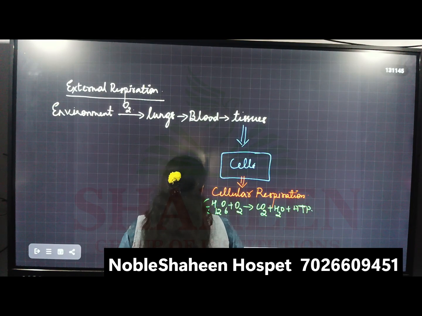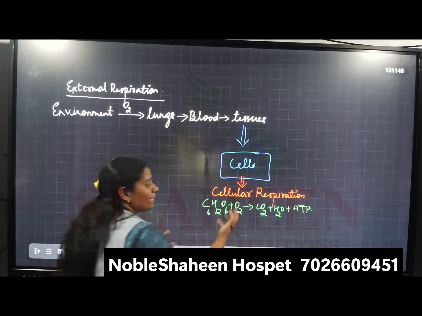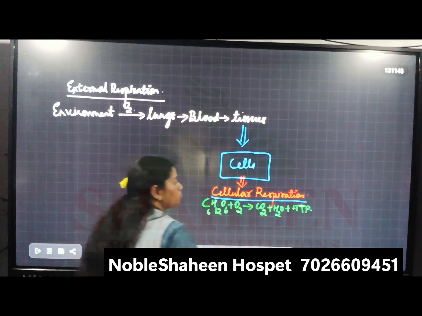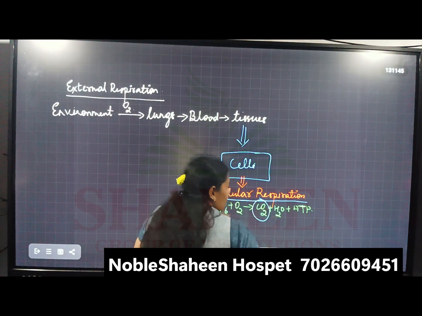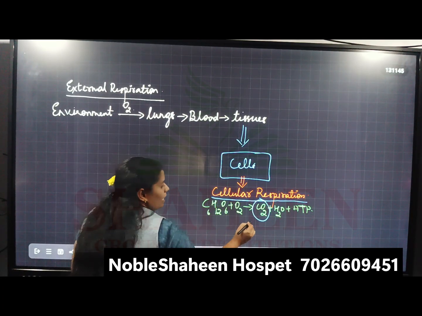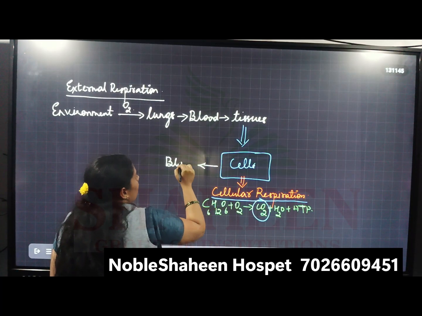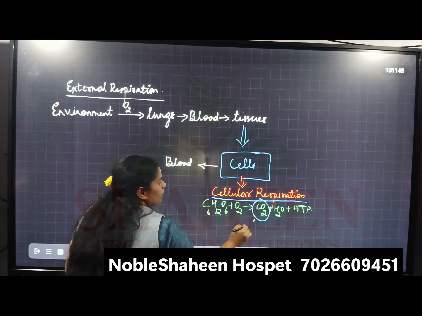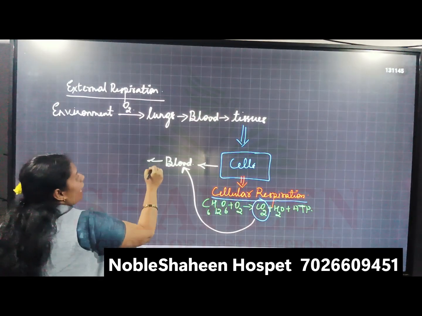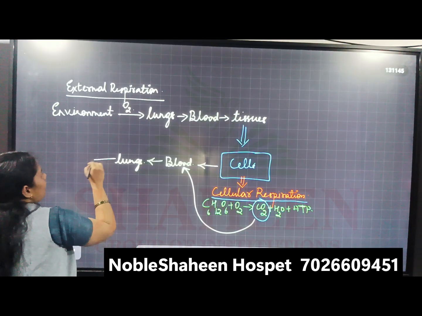So this is what is going to happen inside the cell, and as a result of our cellular respiration, there is a waste which is produced by the cell, that is our carbon dioxide, right? So what happens to this carbon dioxide? From the cell, it enters into the blood. So blood is going to carry it forward to the lungs, right?